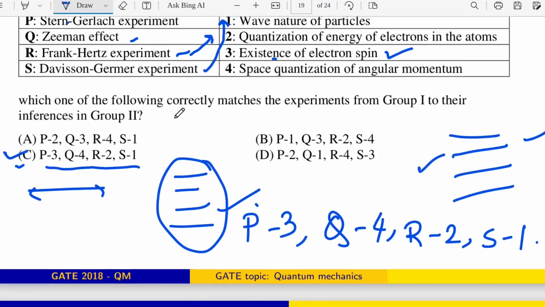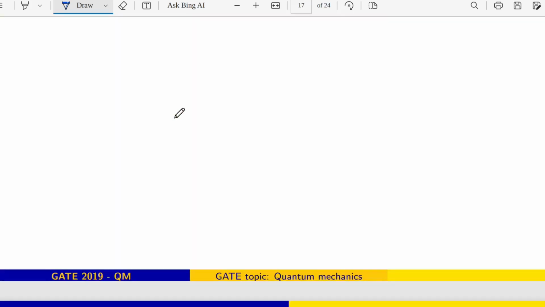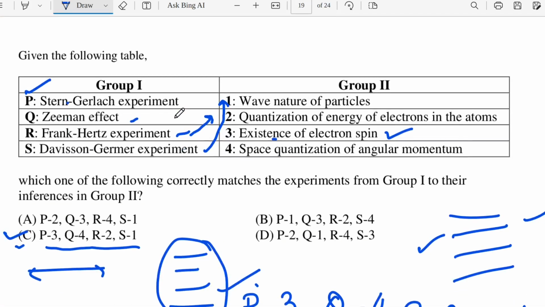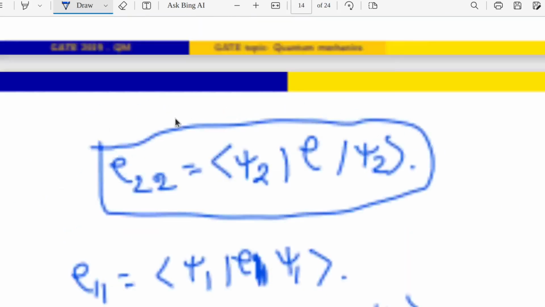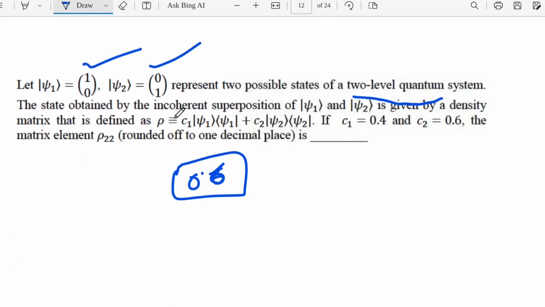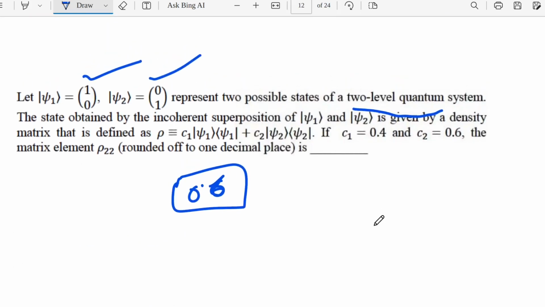Hello, ma'am. Yes, tell me. What is incoherent superposition, ma'am? So what is incoherent superposition? Here psi 1 and psi 2 are given.